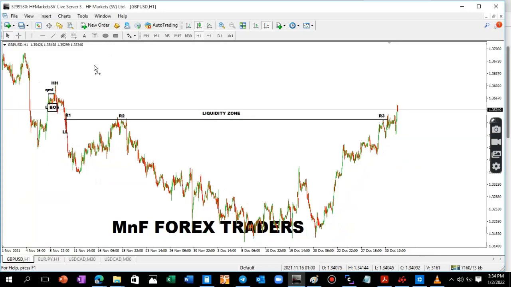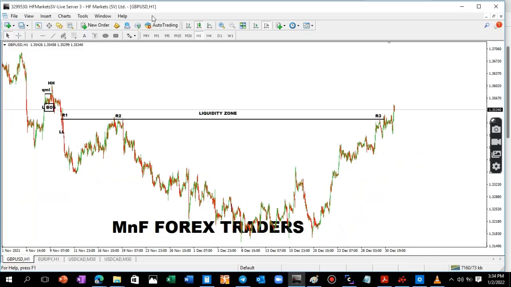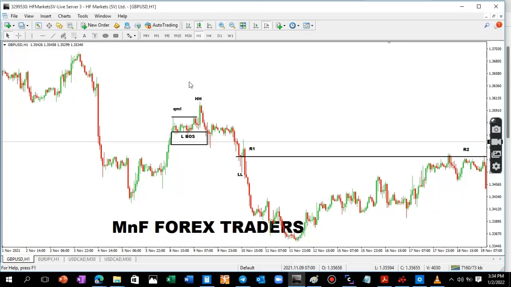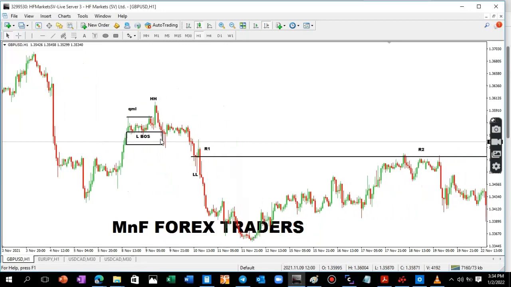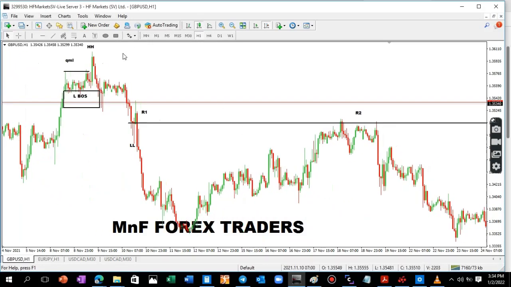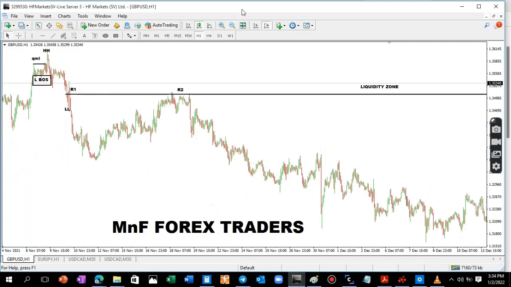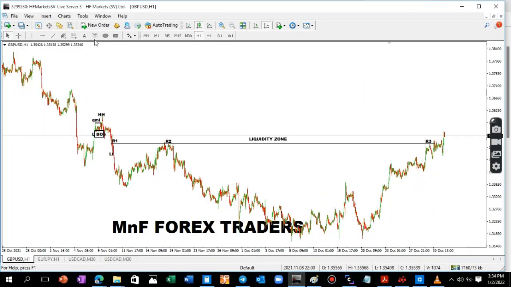Right here we have an MPL here. The market can either turn around from here, but we have a level here which is actually a fresh zone. So let me just label this as my MPL.